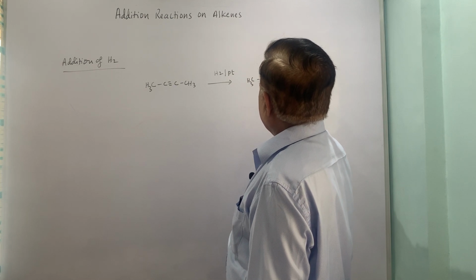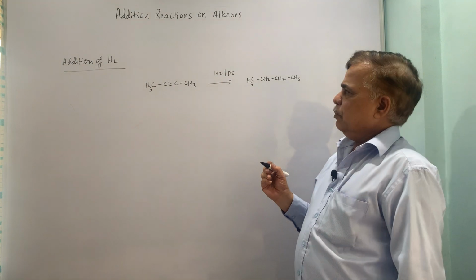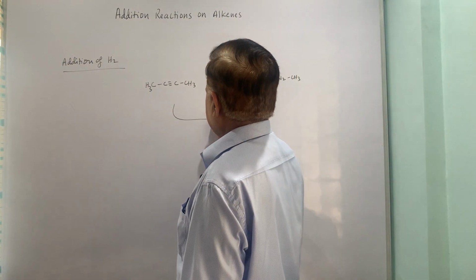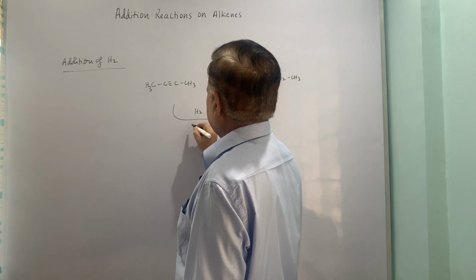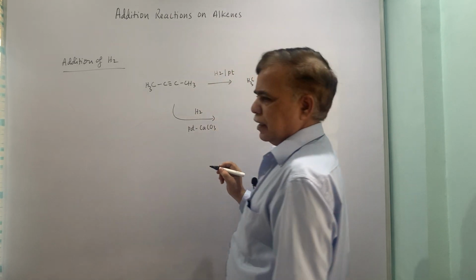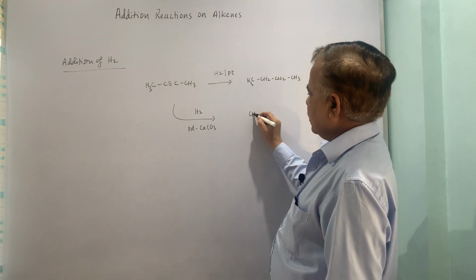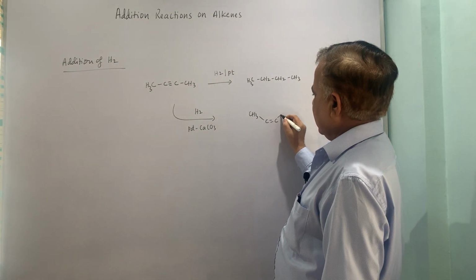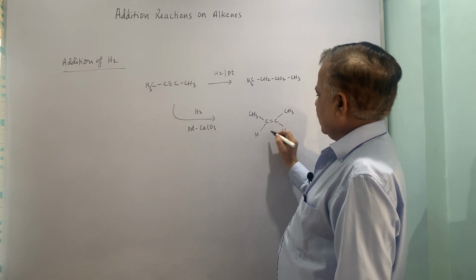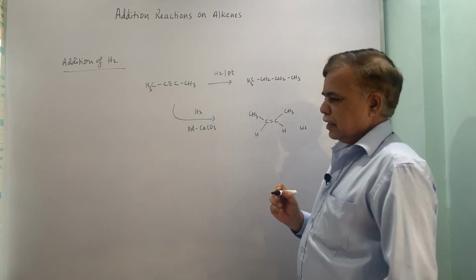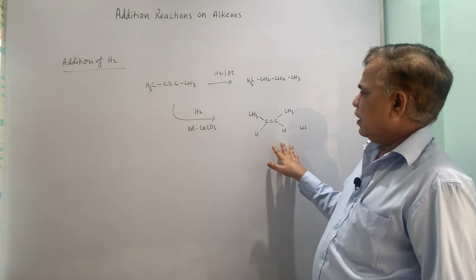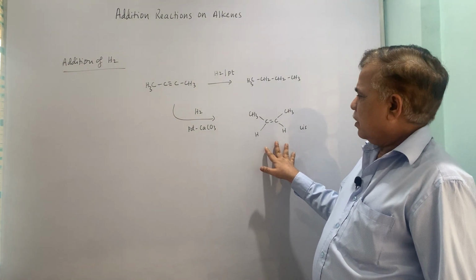So this has no synthetic importance in the sense that there is no selectivity, but the moment I put Lindlar catalyst, then I can stop the reaction at this stage and I will end up with a cis alkene. Now cis alkene means we have a prochiral center.